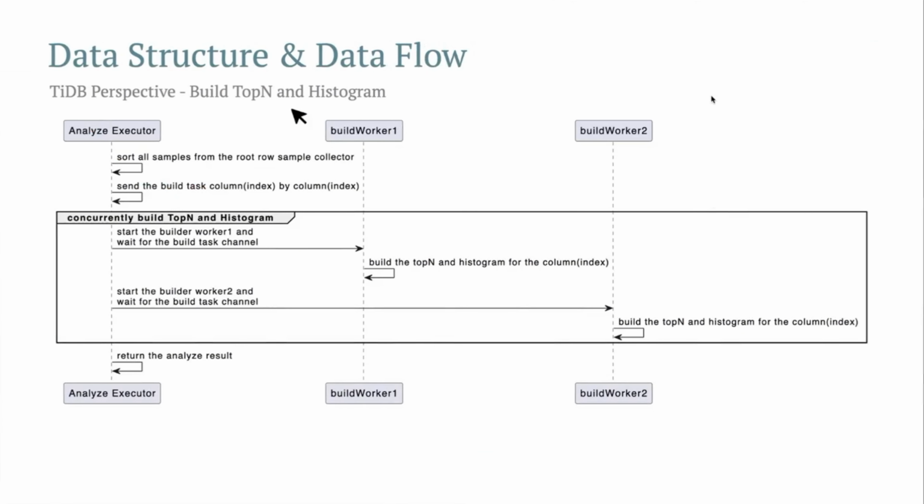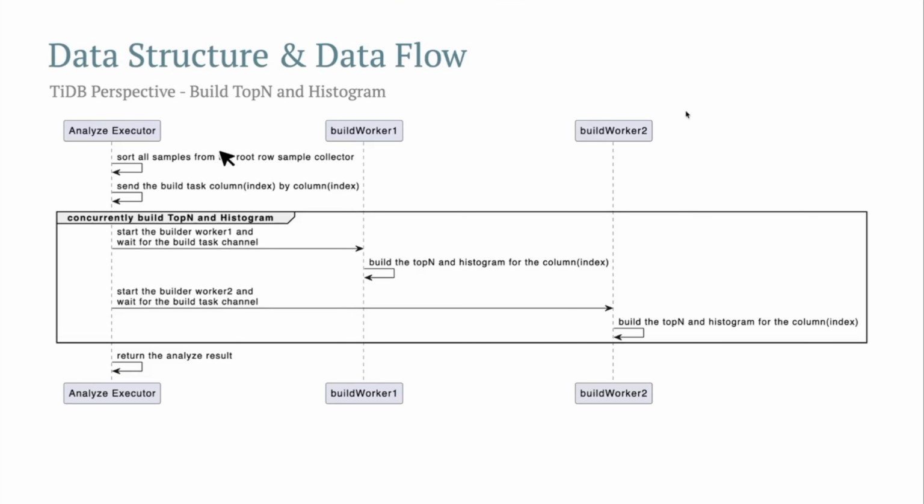And after we merge the FM sketch and the sample data, our next step is to build the TopN and the histogram data structure in TiDB, the real data structure we will use in the optimizer. To enhance performance, again, we construct the TopN and the histogram concurrently on a column or index basis. So here is the process. First, we sort all the samples collected in the root row sample collector after we merge them together.